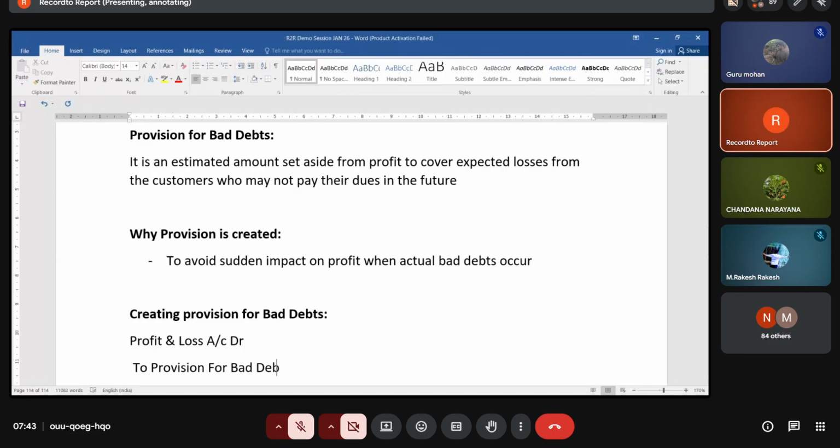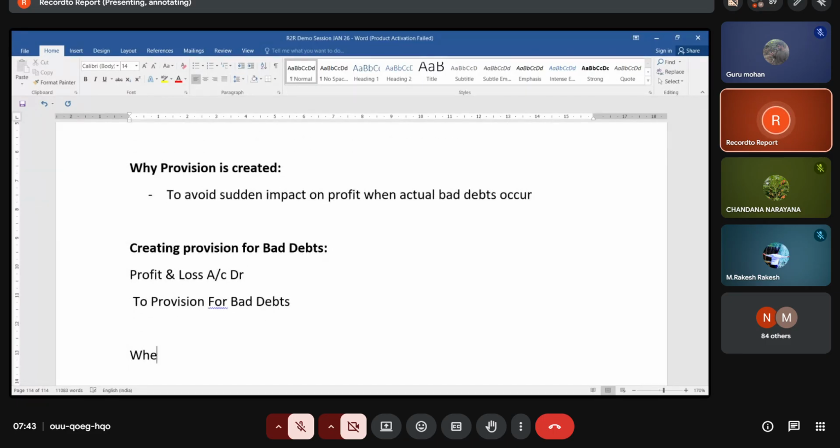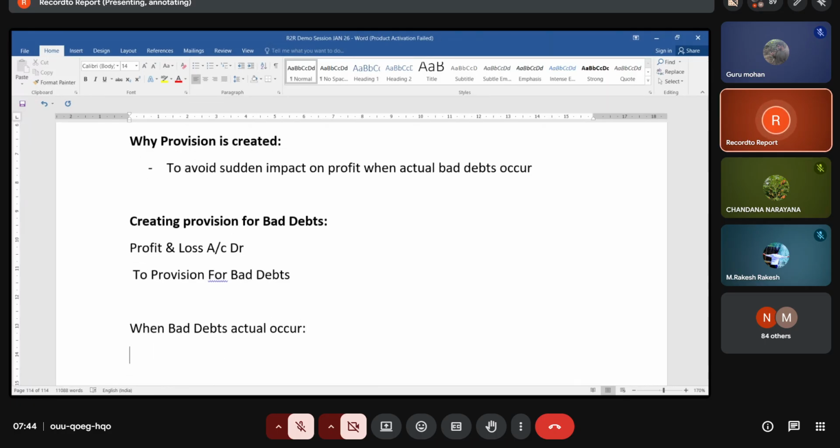So when the bad debts actually occur, if we have the provision, then in earlier cases we debited bad debts and credited the debtors.